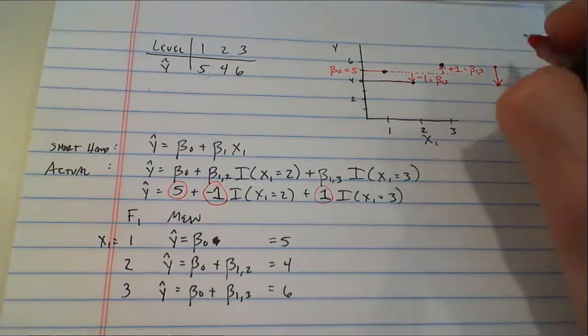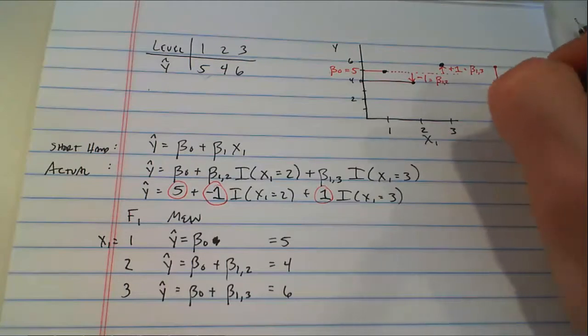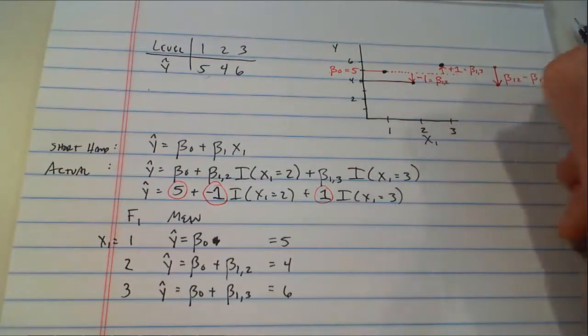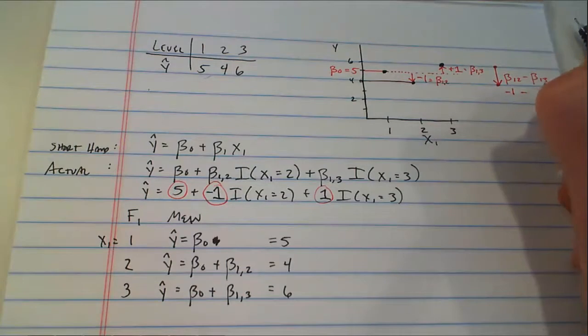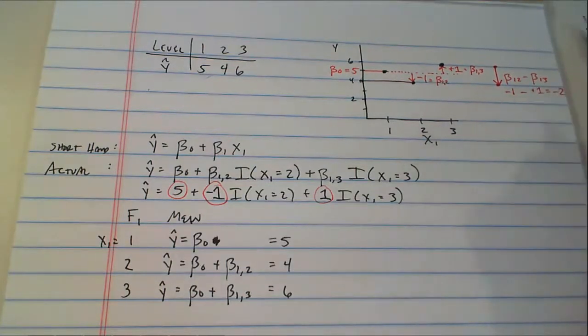So between group 2 and group 3, that would be beta 1,2 minus beta 1,3. So that would be a minus 1 minus a positive 1, which is minus 2. So there's a 2-unit difference between those two groups.